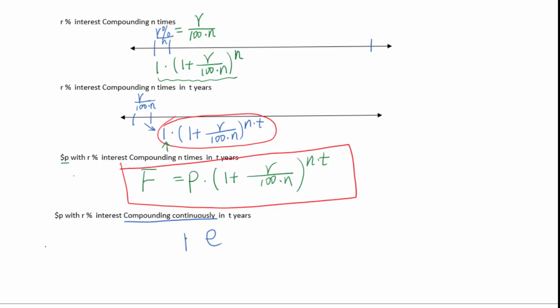With P dollars, so P times e. R percent will be e to the r over 100 power, compounding t times. This will be the future value for compounding continuously.